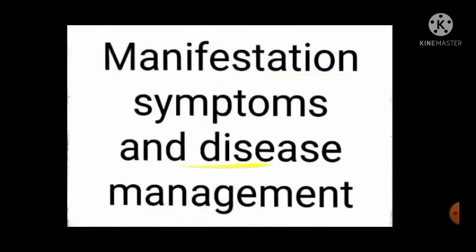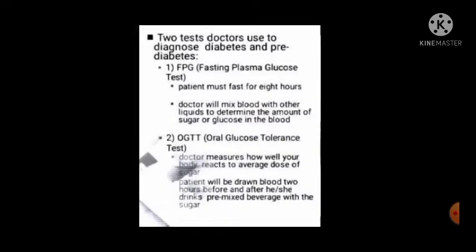Manifestations, symptoms and disease management. Two tests doctors use to diagnose diabetes and pre-diabetes. First, the FPG, fasting plasma glucose test. The patient must fast for 8 hours. The doctor will mix blood with other liquids to determine the amount of sugar or glucose in the blood.